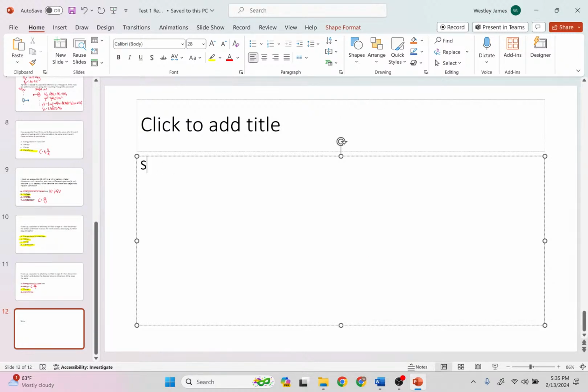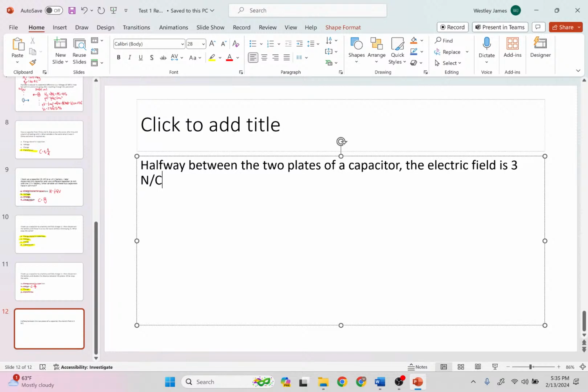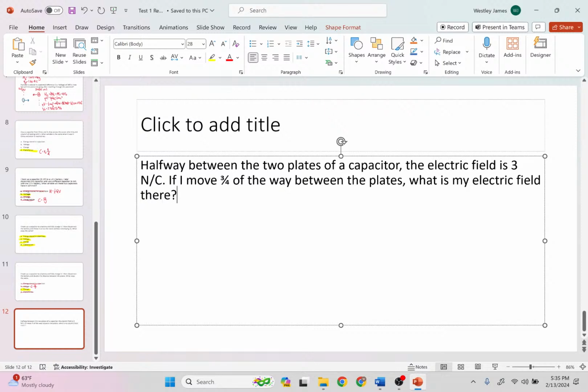Shown below, halfway between the two plates of a capacitor, the electric field is 3 newtons per coulomb. If I move 3/4 of the way between the plates, what is my electric field there?